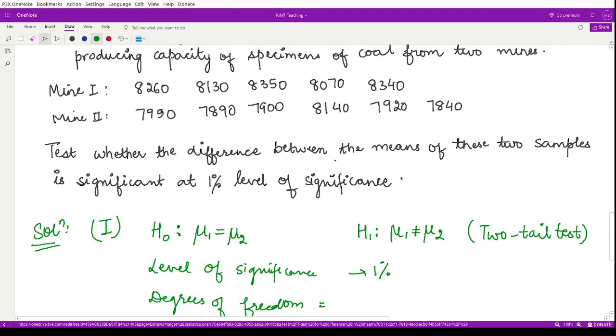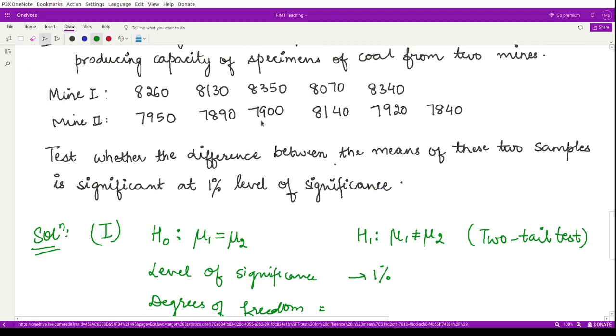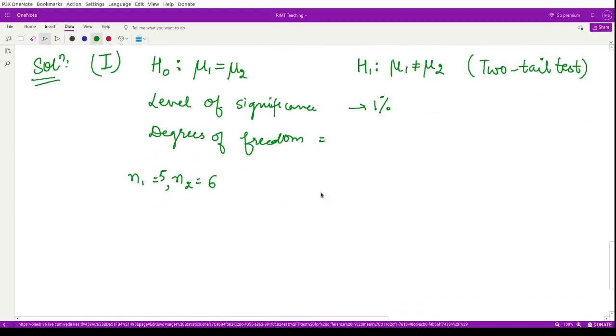We have 5 members as N1 in the first sample, so N1 is 5, N2 is 6, because there are 6 members present in the second sample. Therefore, degrees of freedom is given by N1 plus N2 minus 2. N1 is 5, N2 is 6, minus 2. So in this case, you have 9 degrees of freedom, right?